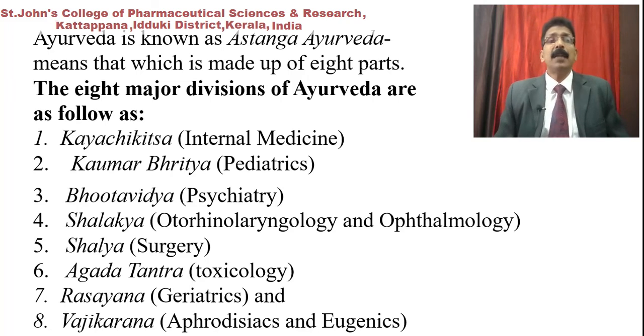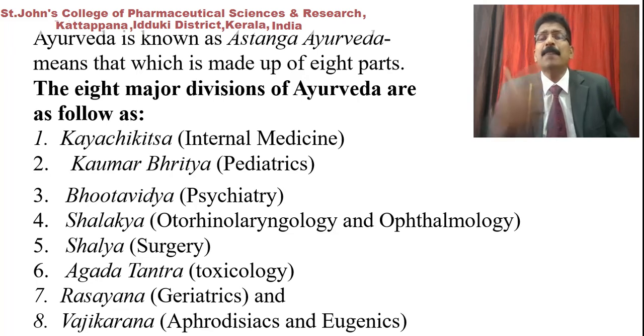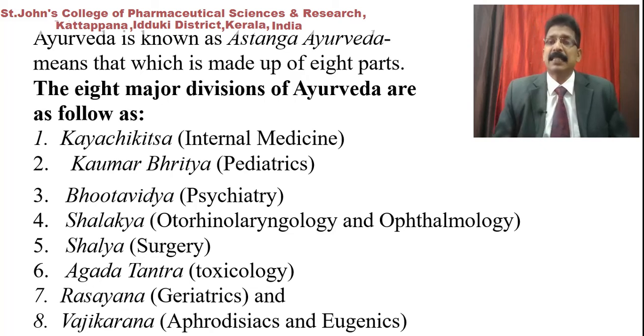Ayurveda is known as Ashtanga Ayurveda because it has 8 parts, 8 different branches. The 8 major divisions of Ayurveda are given as follows.